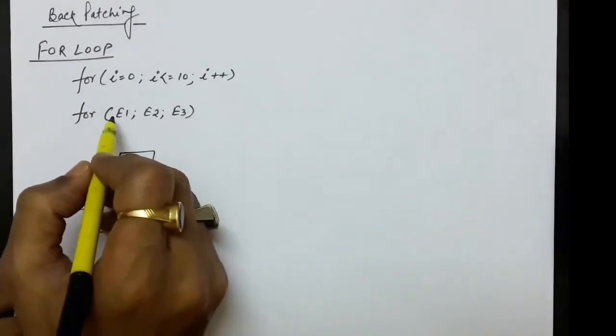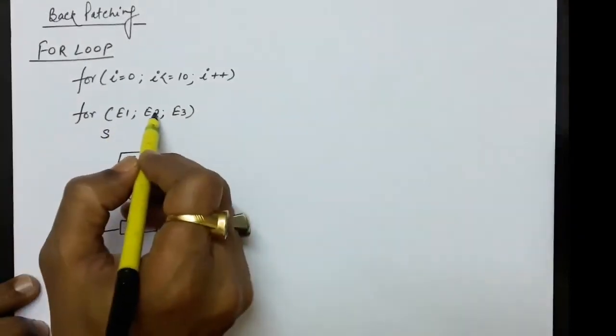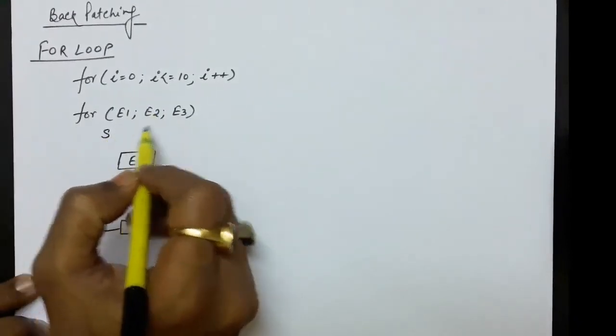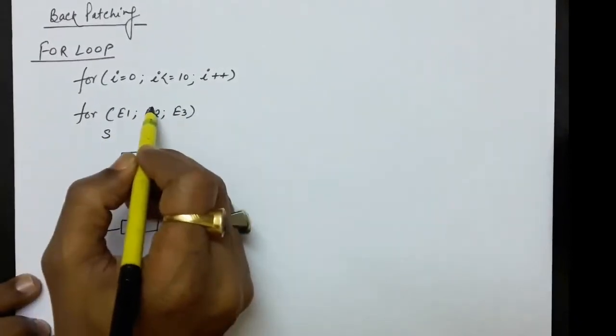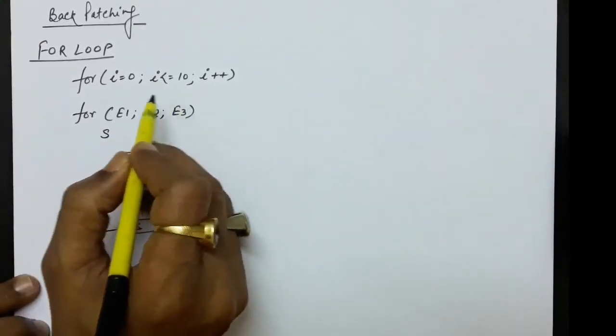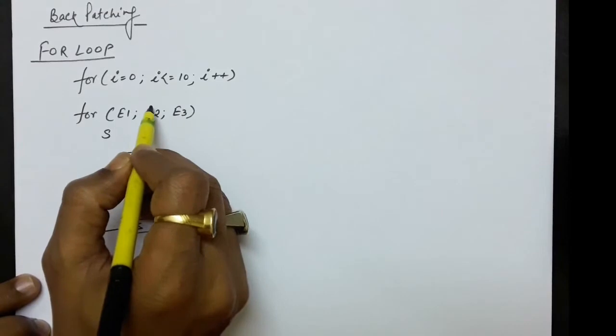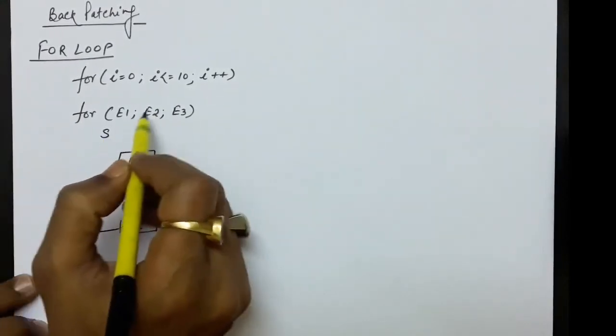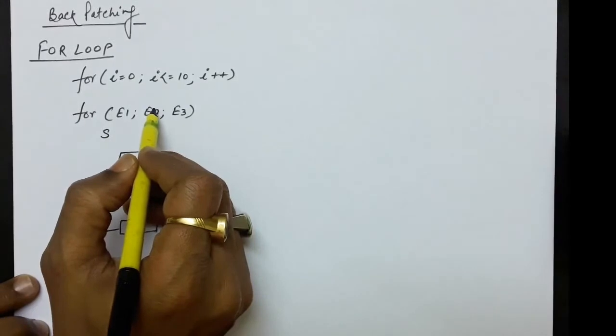Okay, so the execution is like initialization, condition check, statement, increment, condition check, statement, and again increment, condition check. If the condition is true, statement, then increment. If the condition is not true, we will come out of the loop.